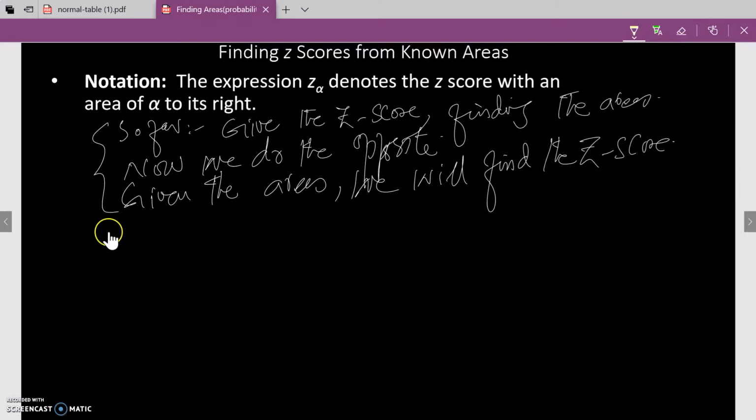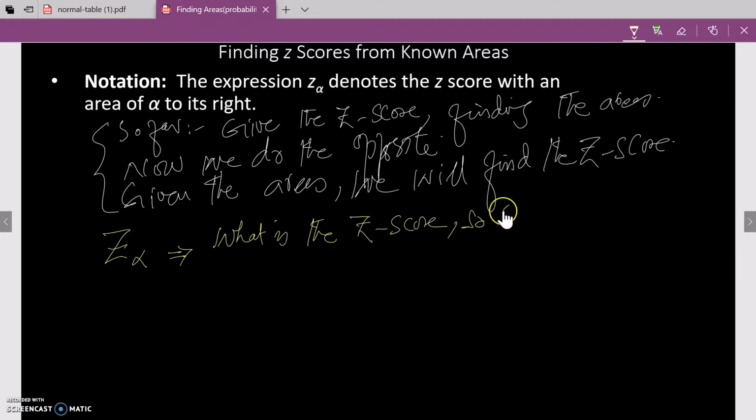When I write here a z sub alpha, what does this mean? This means I'm talking about a z-score. I'm asking what is the z-score so that alpha is the area to its right.